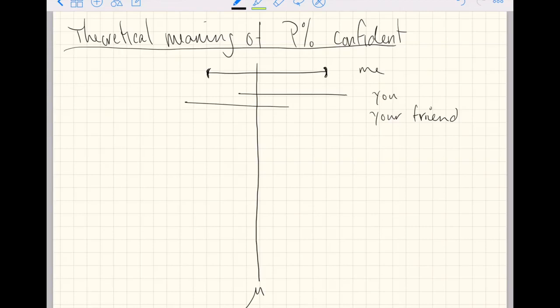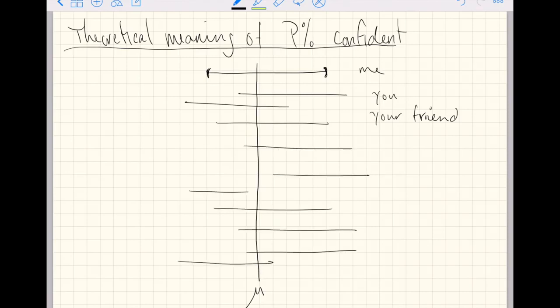And the idea is to continue to imagine that you and your friend and your friend's friend and your friend's friend's friend each calculated your own bootstrap confidence interval. Some of those confidence intervals would include the true population parameter. Some of them, I will highlight now, might not capture the true population parameter just by chance.